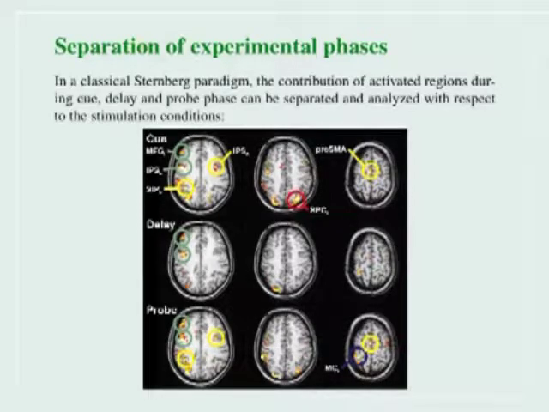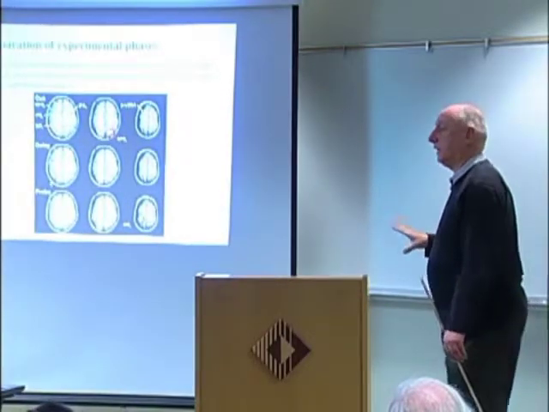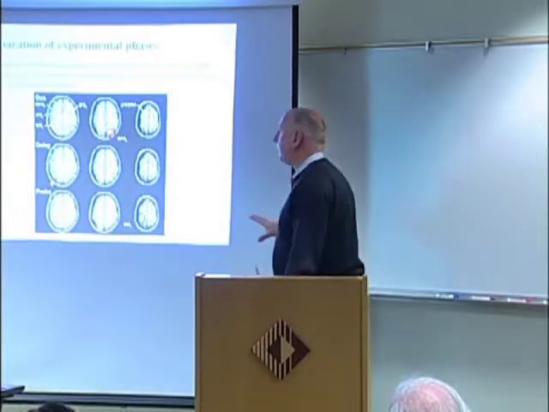Using this hemodynamic modeling, I can distinguish which areas are active in all three phases, which are active only in the cue and the probe phase, which are active only in the cue phase, and which are only active in the response phase. So I can distinguish the contribution of different areas to the different phases.